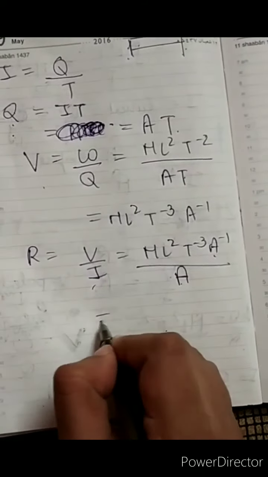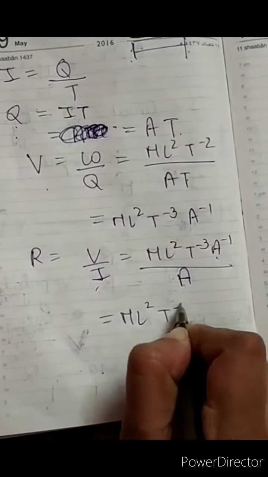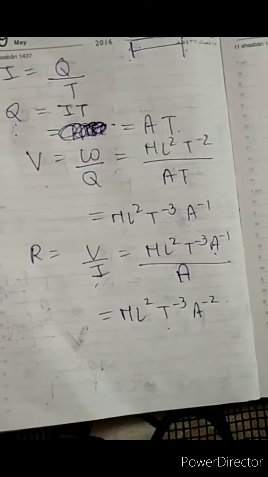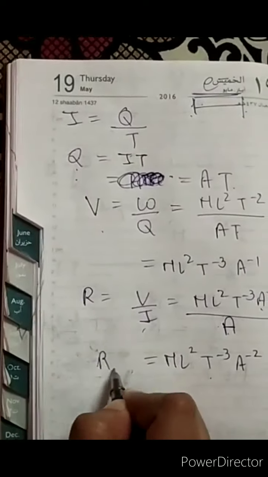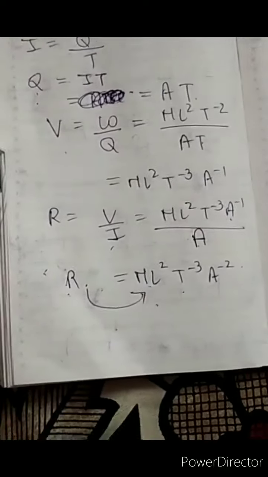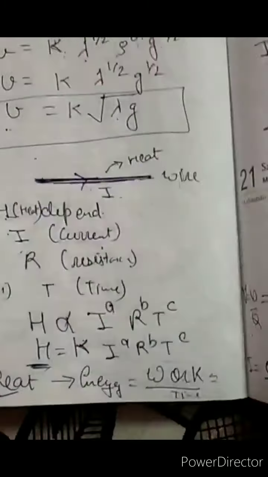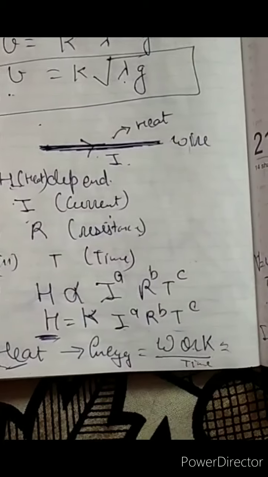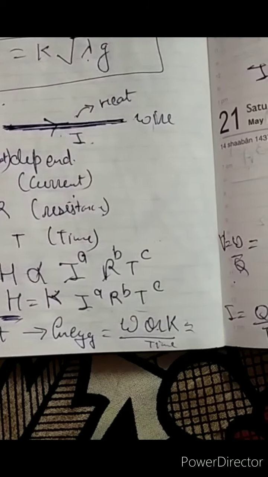Again if it goes up it will give you ML²T⁻³A⁻². So the dimensional formula of resistance is ML²T⁻³A⁻², that is ML²A⁻²T⁻³. Okay, fine. We found I and also R in terms of MLT.